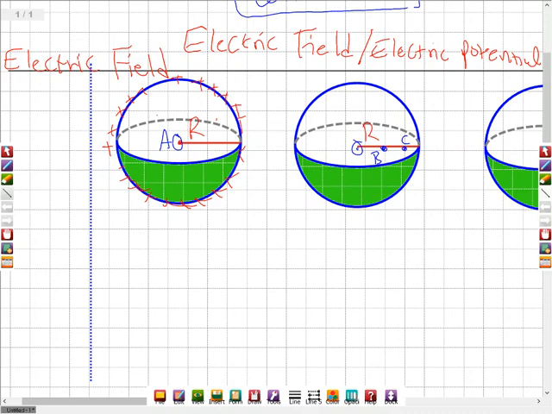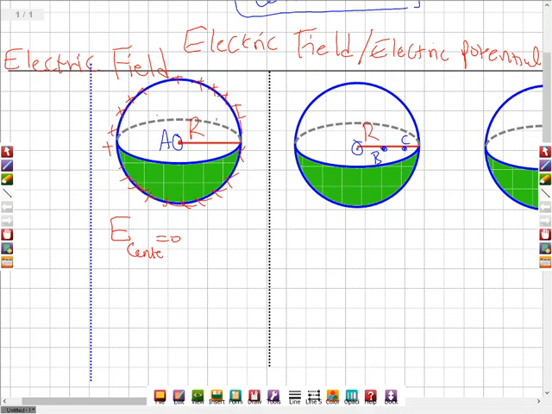The electric field at the center of the sphere equals 0. That's easy.